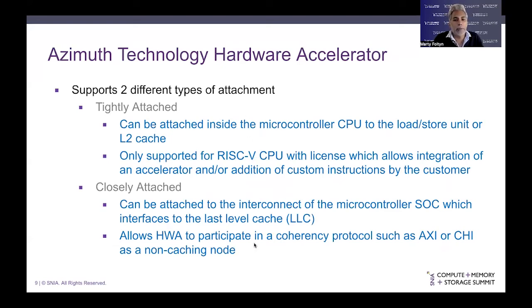So here are the two types of attachment. One is tightly attached. Here, the HWA is attached inside the microcontroller CPU. The microcontroller could have one or more CPUs, and any one or more of them could have this HWA attached to it. Typically, this would attach to either the load store interface as an additional pipe, or directly to the private L2 interface.